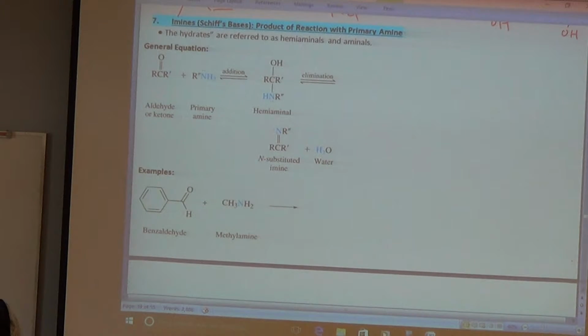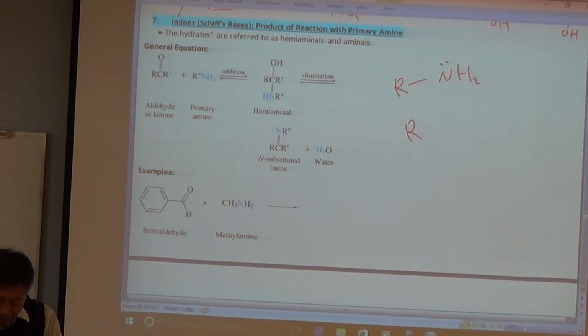The difference is, a primary amine like this, NH2, has one pair of electrons, as compared with alcohol, which has a structure like this. And you compare these two, adding onto, let's say, acetone.